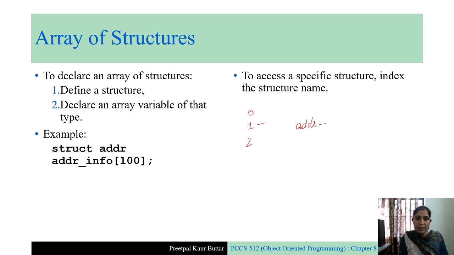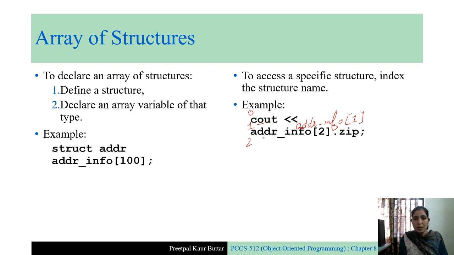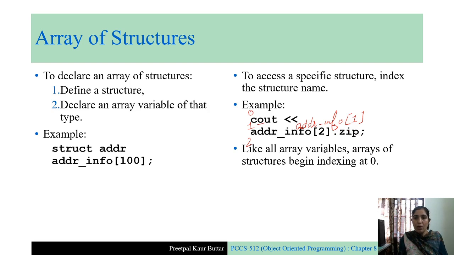Write the name of the array and then write the index. So cout addrinfo 2 dot zip. The member which we are going to access is zip. Like all arrays, arrays of structures begin at indexing 0.